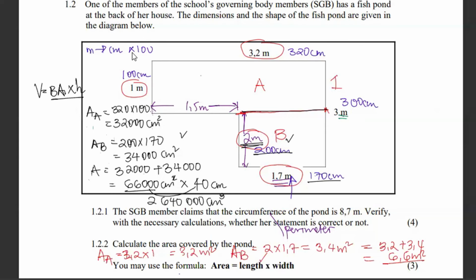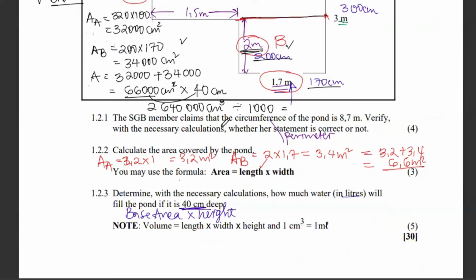Now, remember, if you have 1,000 centimeters cubed, you only have 1 liter. So we need to divide this by 1,000, because they want the answer to be in liters.